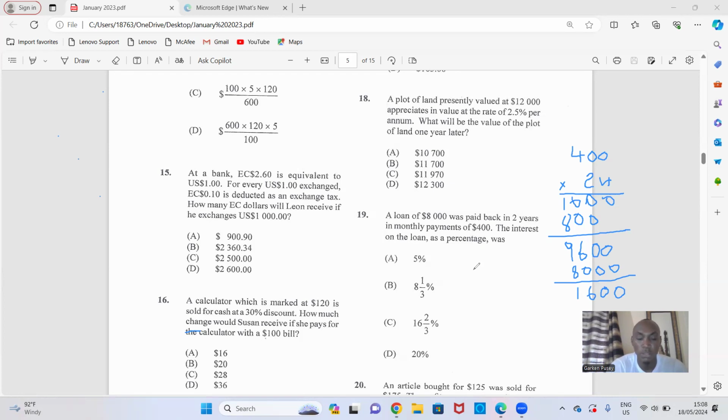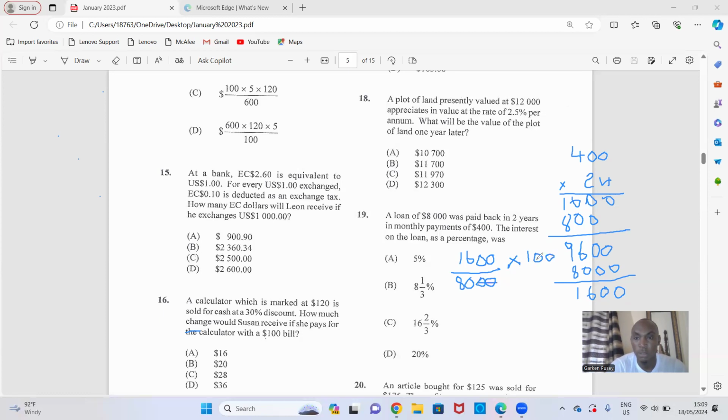But the question is saying the interest on the loan as a percentage is what? So let's go: the interest, 1,600, on the loan. What's the loan? 8,000. So basically, literally, it means this interest over the loan. And once you find it in percentage, we can multiply by 100 as we know. All right, and we can now cancel 0.